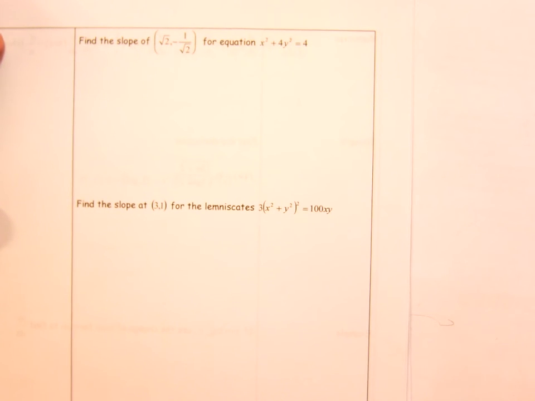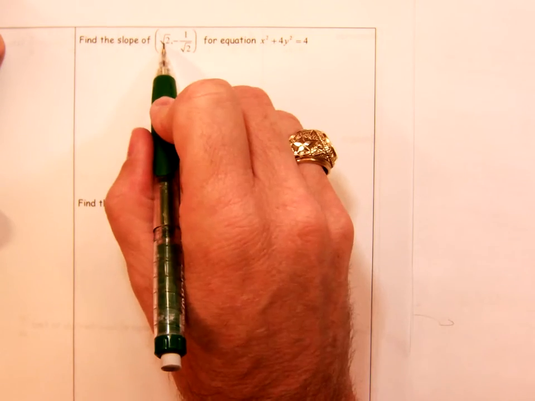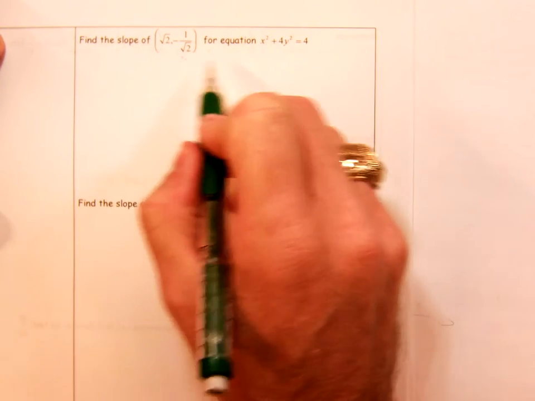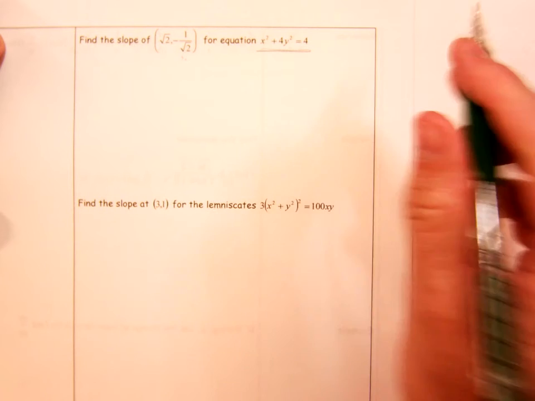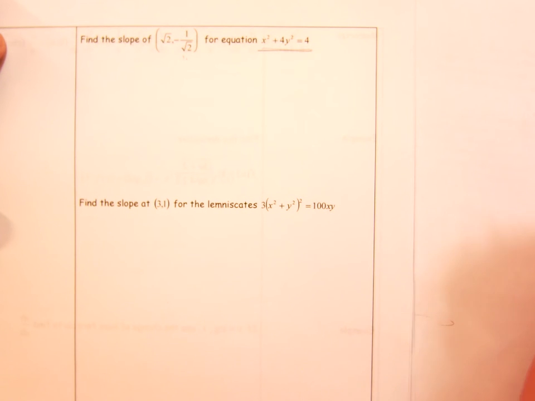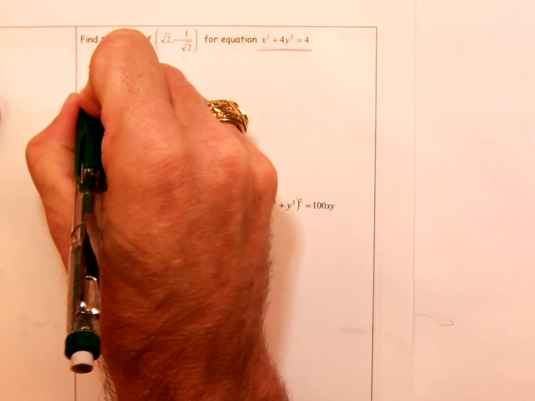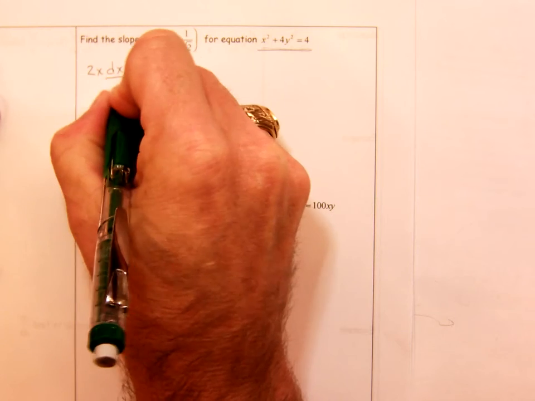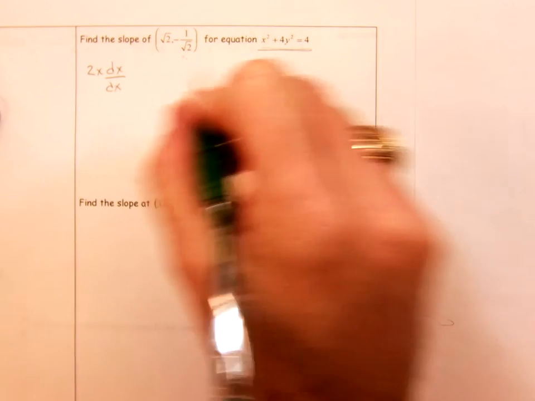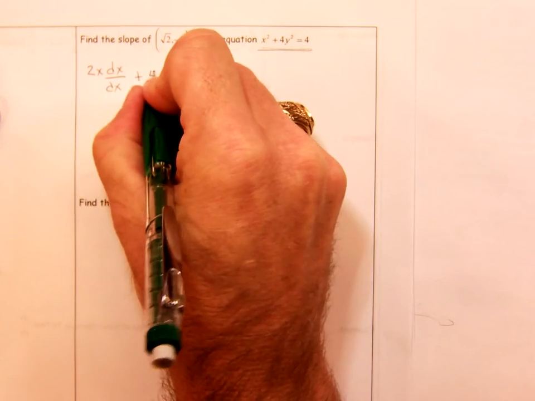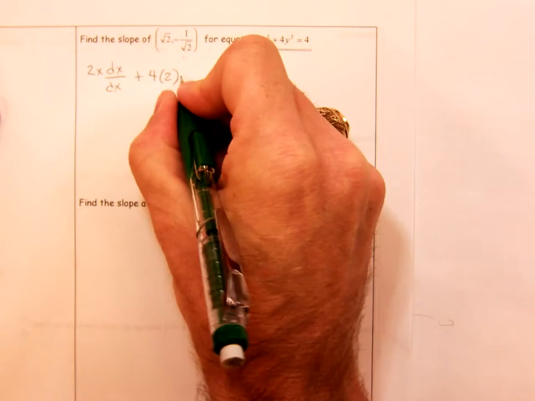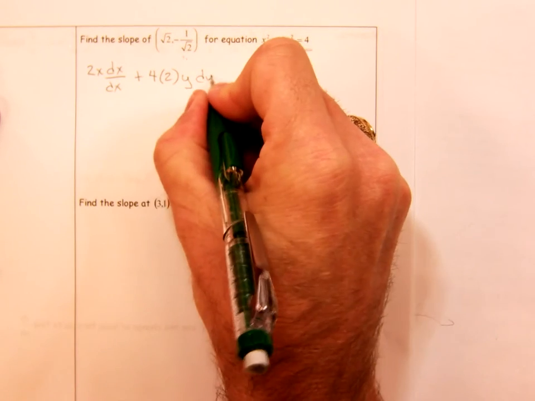All right. This time it says find the slope at this point for the equation, that right there. All right, so here we go. What's my derivative of x squared? What's the derivative of 4y squared? Oh, that's 8y dy/dx, right?